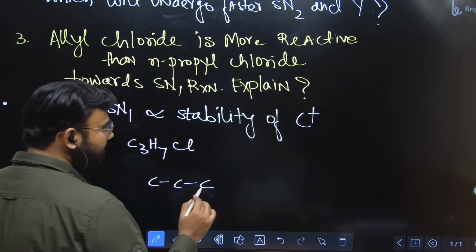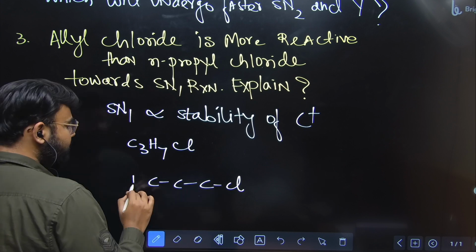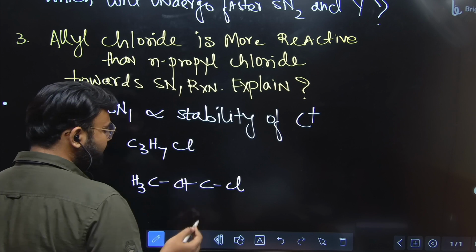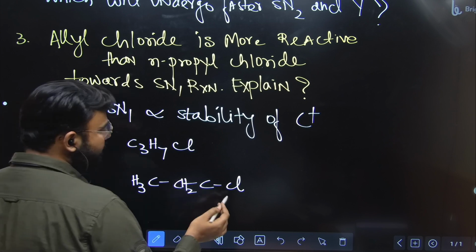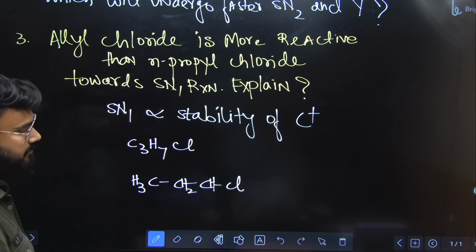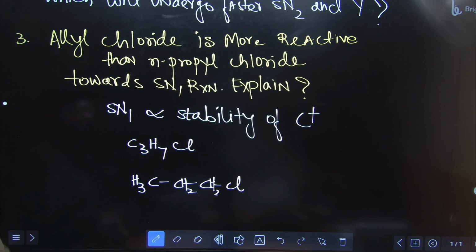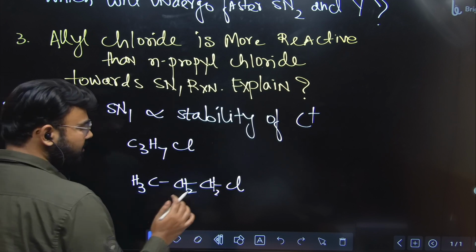Because it says n, you can put it here or here, whatever. The rest are CH3, CH2, and this one also should be CH2, right? So guys, understand. What is the degree of this?